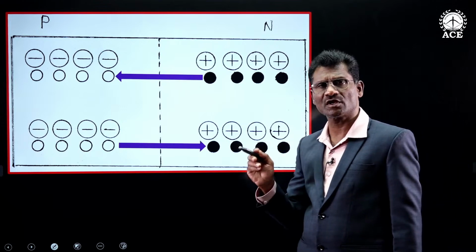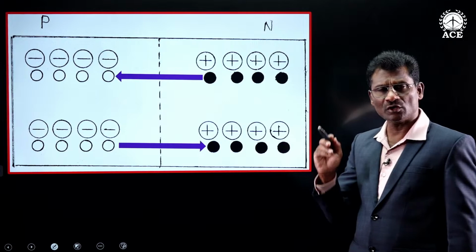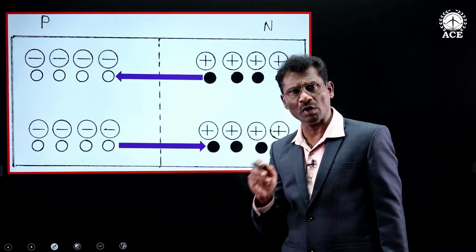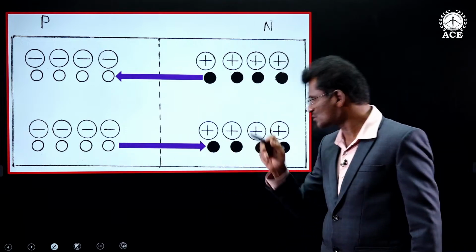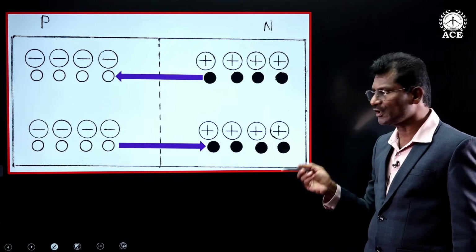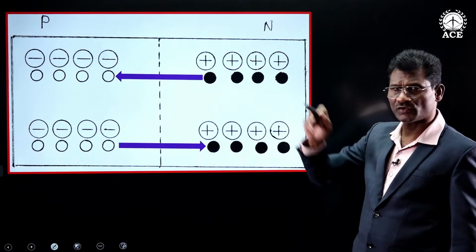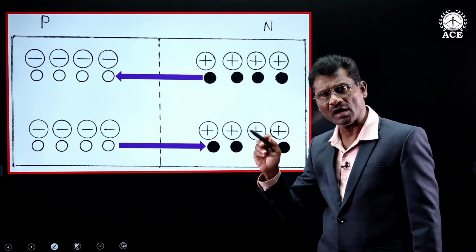During EHP recombination, we lose one electron and one hole. Similarly, this hole recombines with this electron. It is also called EHP recombination. So due to diffusion, electron hole pair recombination will occur.